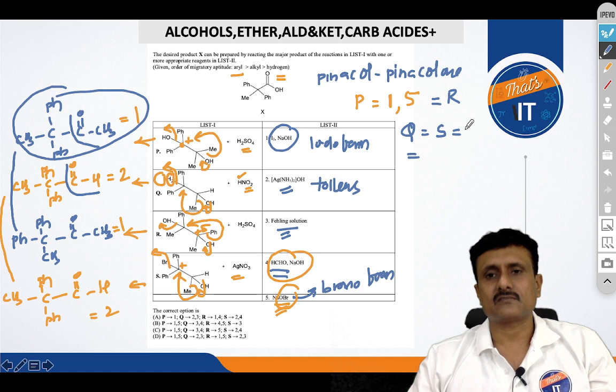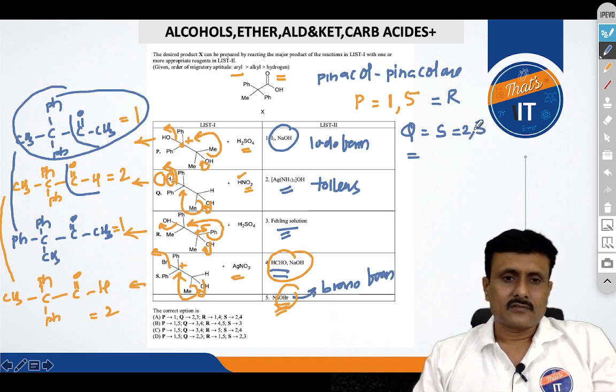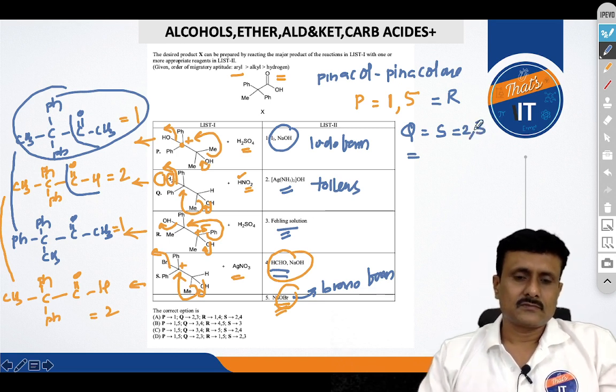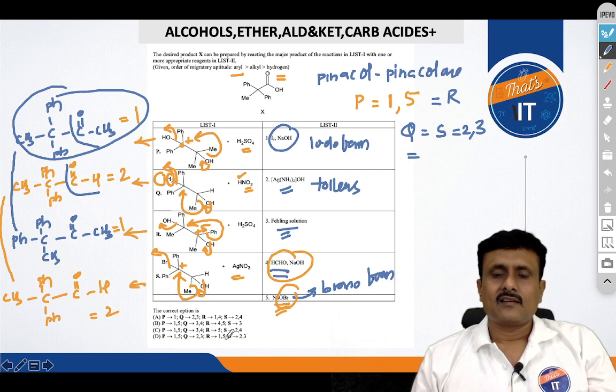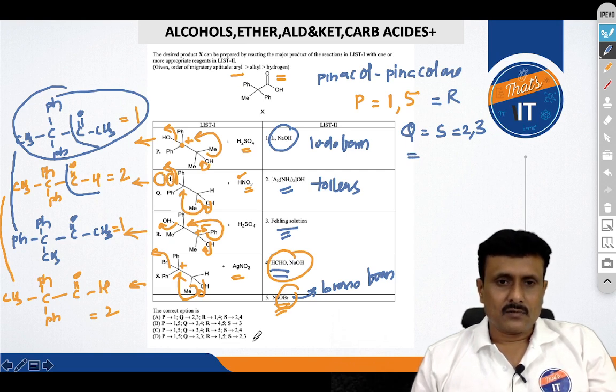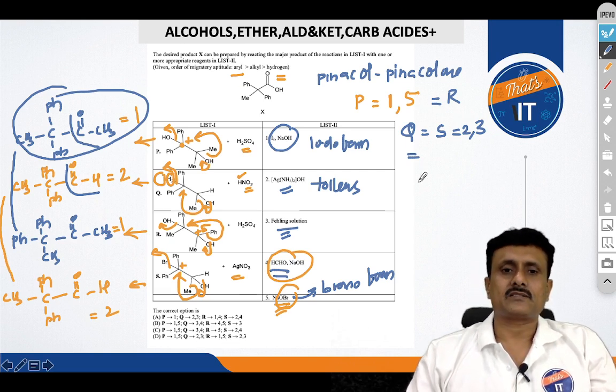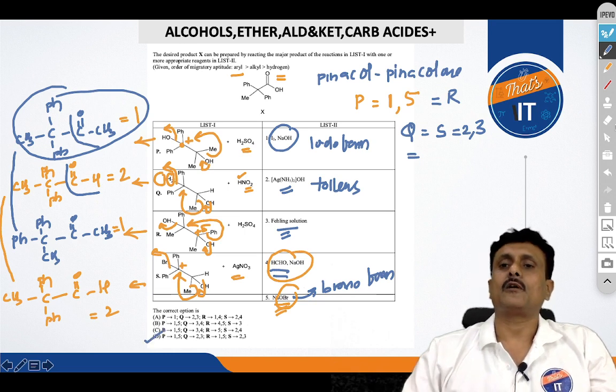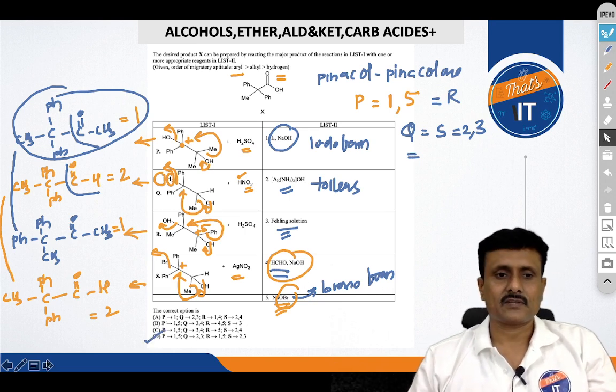So this is matching with 2 comma 3. So P and R are matching 1 comma 5, Q and S are matching 2 comma 3. The right option is option D. Interesting question.